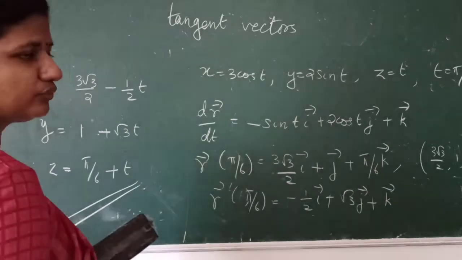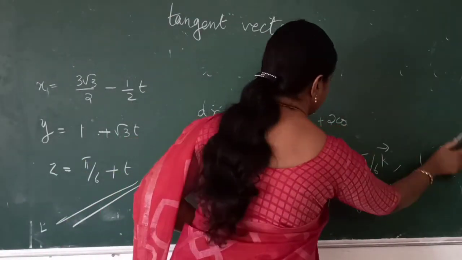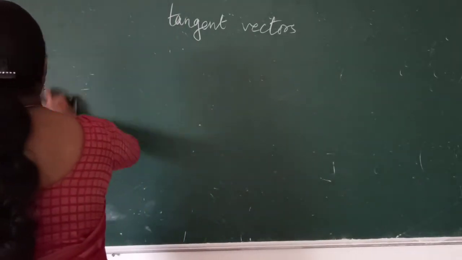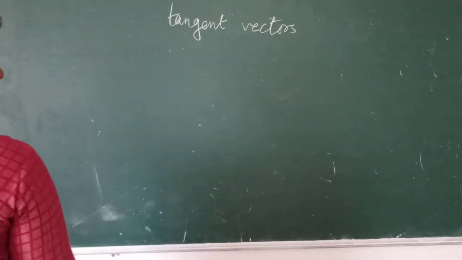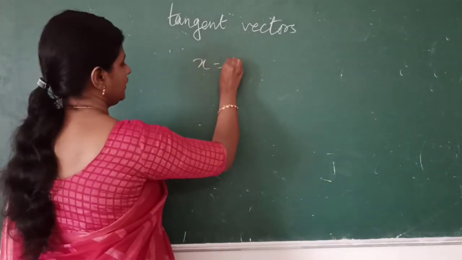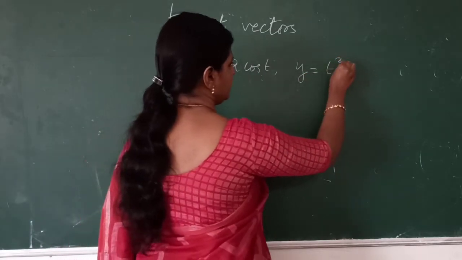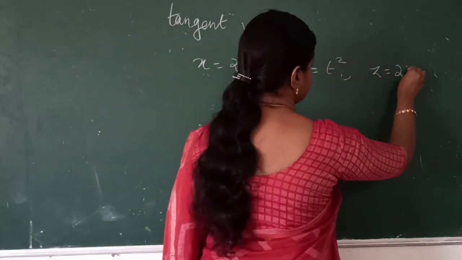Now we can do one more problem for finding the parametric equation of a tangent line of the given parametrized curve. So now our question is x is equal to 2 cos t, y is equal to t square, and z is equal to 2 sin t.